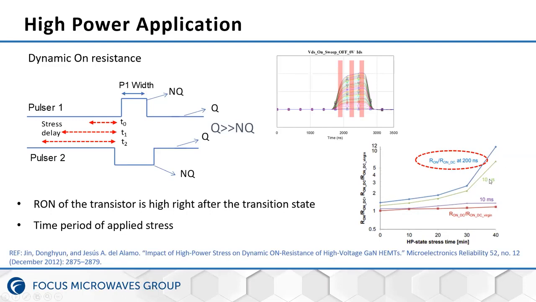At 10 microseconds, the on resistance starts decreasing, and at 10 milliseconds, it has stabilized very much. The R on measured at 10 milliseconds is almost similar to the on resistance measured for the DC signal, that is, without the pulse characterization, the DC IV characterization. This means it is good to characterize R on right at the transition state.